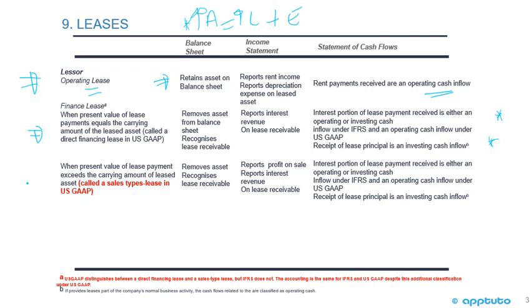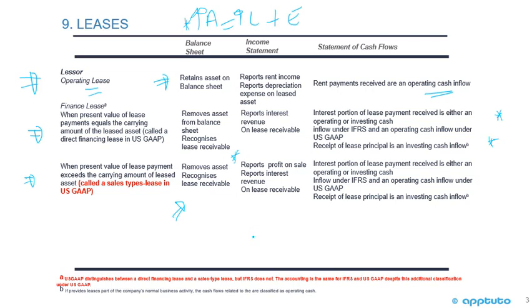Okay. Just also we have to look at when the present value of the lease payment exceeds the carrying amount of the lease asset. This is called a sales type lease under US GAAP. Again, you're going to remove the asset and recognize the lease receivable. But this is the issue here: you're going to report the profit on the sale at the time when the lease contract is done.